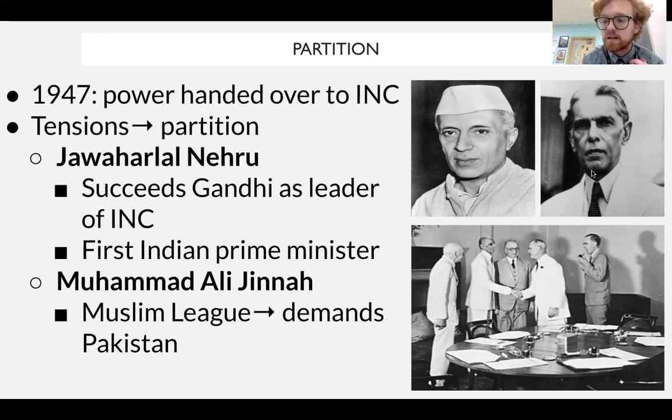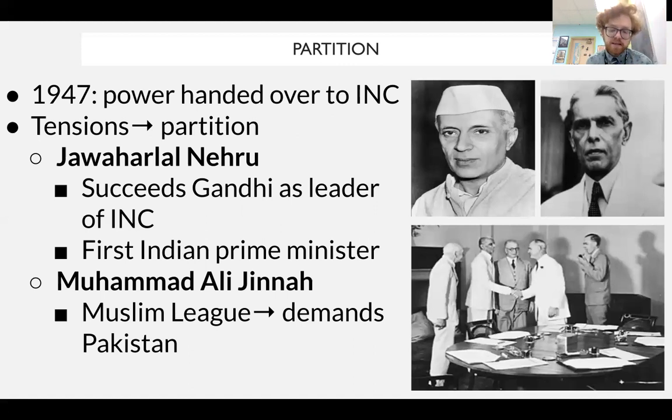The Muslim League is led by this guy right here, a guy by the name of Muhammad Ali Jinnah. Jinnah is very much going to say, okay, we will talk, but we want to make it clear that Muslims deserve protections in India.